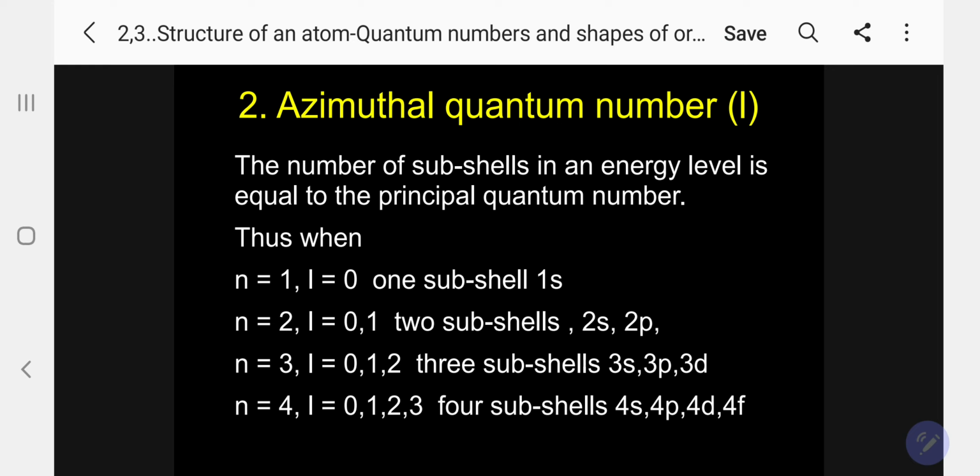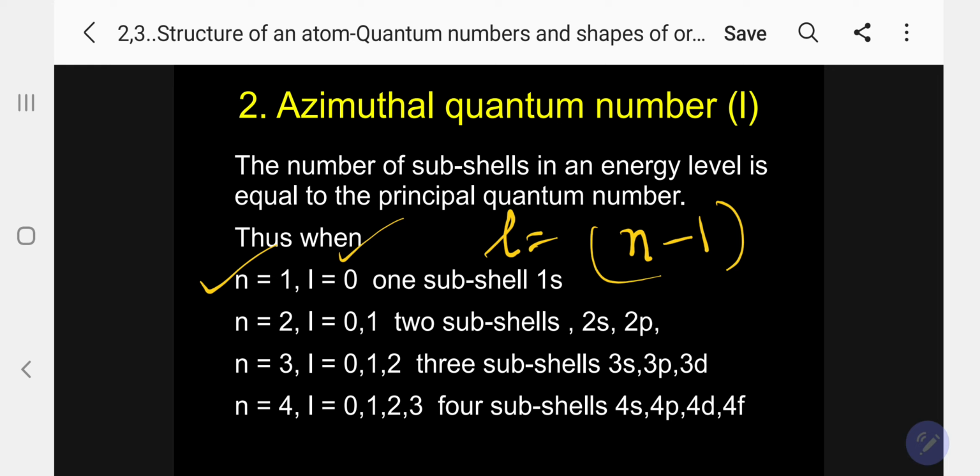Thus, when n equal to 1, L equal to 0, because L equal to n minus 1. Kindly follow. n minus 1, that is 0 to n minus 1, including 0.